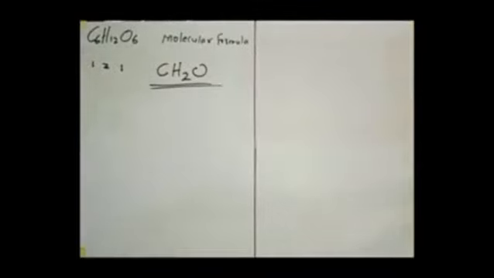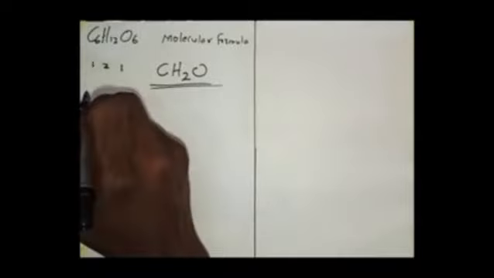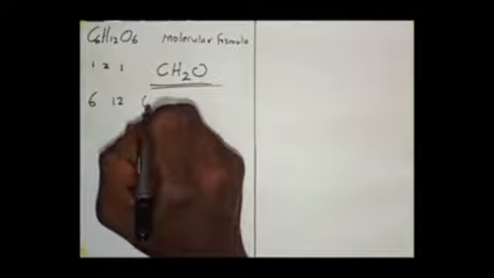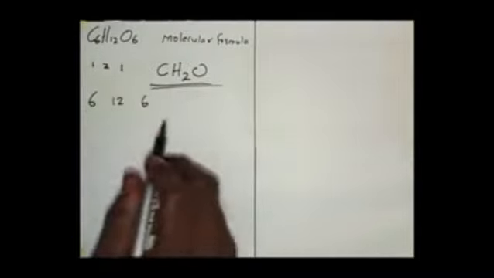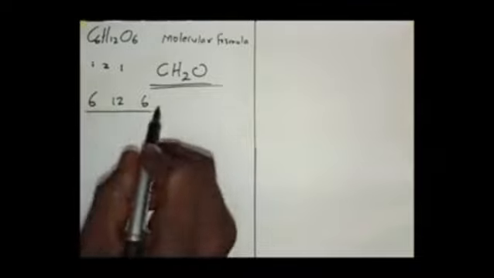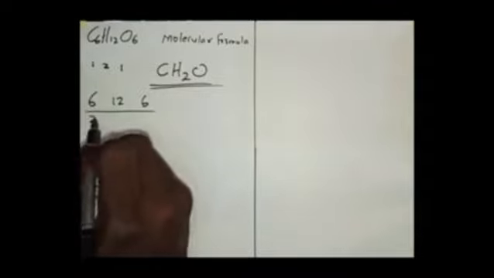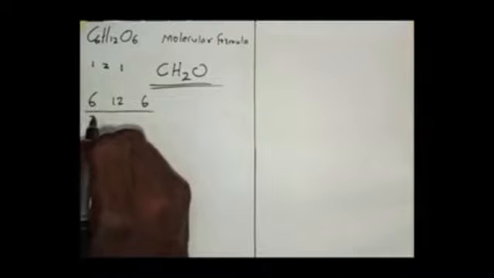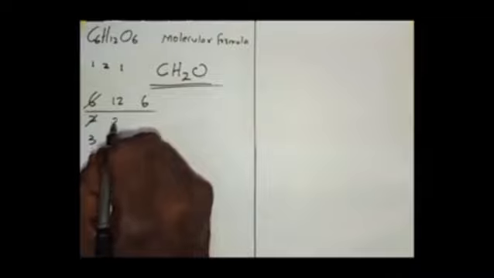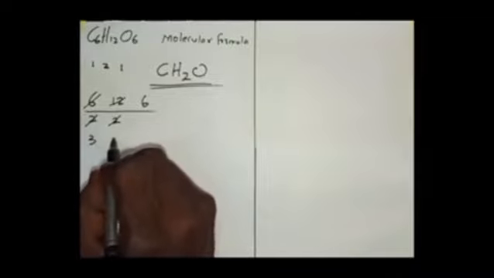You can also do it this way. You can say, okay, the numbers I have here include 6, 12, and 6. So how do I reduce these numbers to the smallest possible number? Probably you can start with 2. Let's try 2. When 2 divides 6, it will give you 3. When 2 divides 12, it will give you 6.